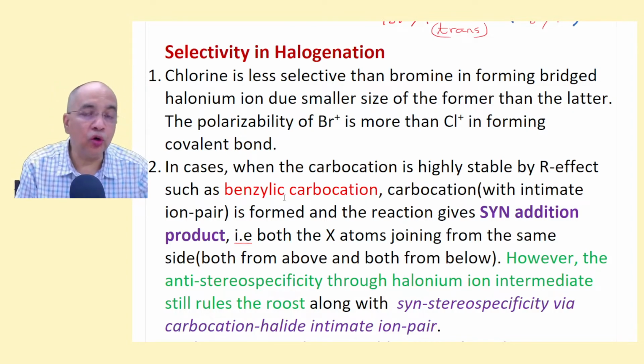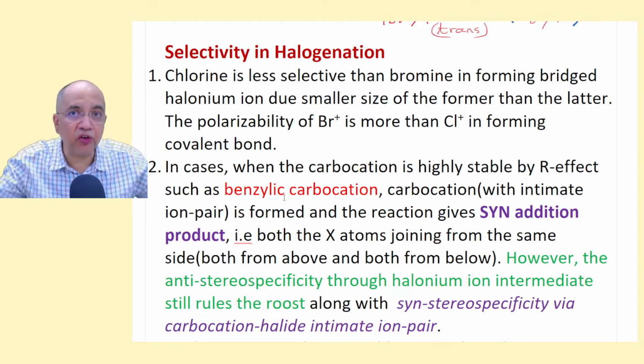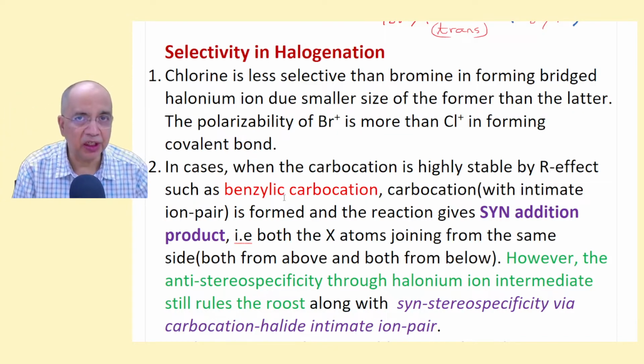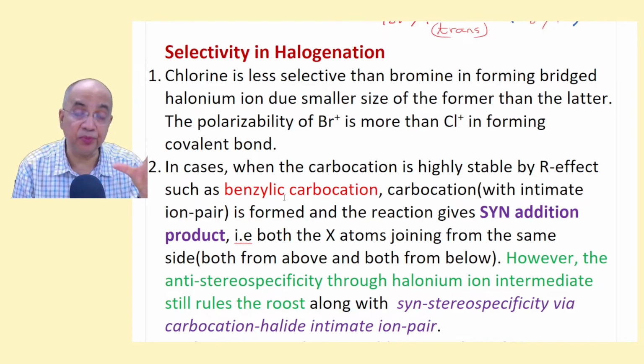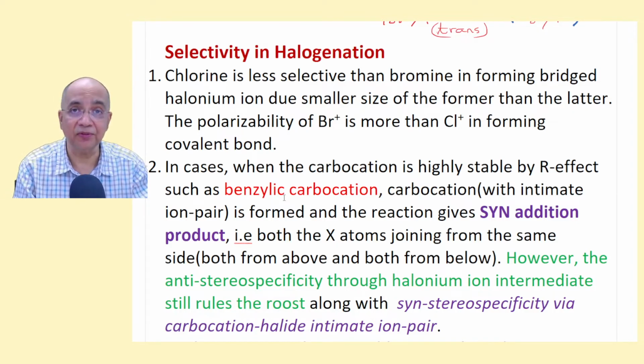So some complexity will arise when a benzene ring is attached to the C double bond C. In only such cases, we scientists have found that the stereospecificity is lost to some extent, and therefore we call the reaction stereoselective.